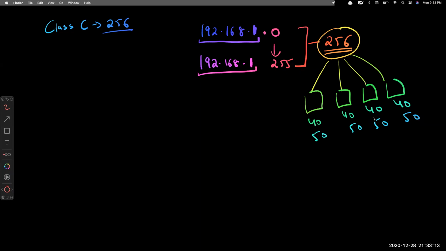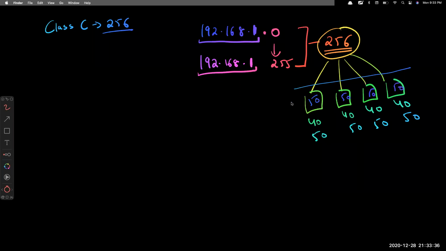So we want to divide this network into four parts so that we can give IP addresses to these networks. Maybe I'm creating computer labs in my college, or maybe some ODCs in my office. So I want to give 50 computers to each network.